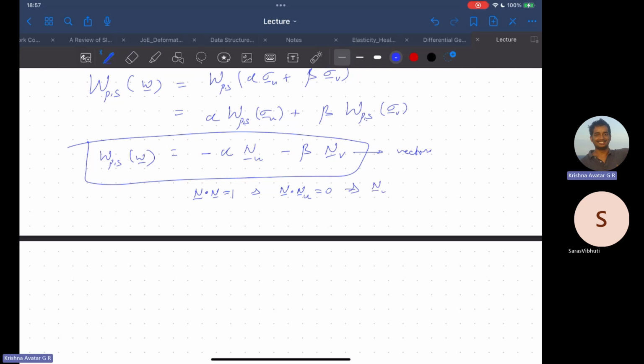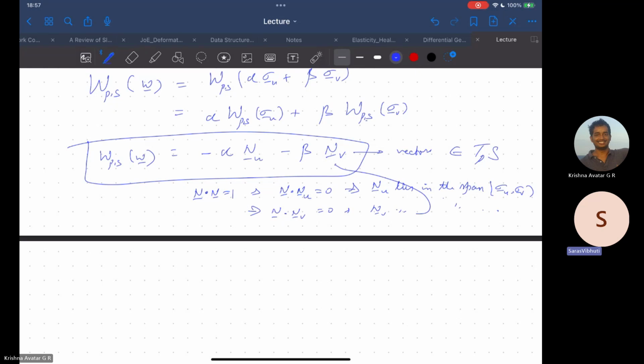So this means that n_u lies in the span of sigma u, sigma v. Likewise, n dot n_v, when we differentiate with respect to v, is 0. So even n_v lies in the span. So ultimately, this quantity also lies in T_P S.